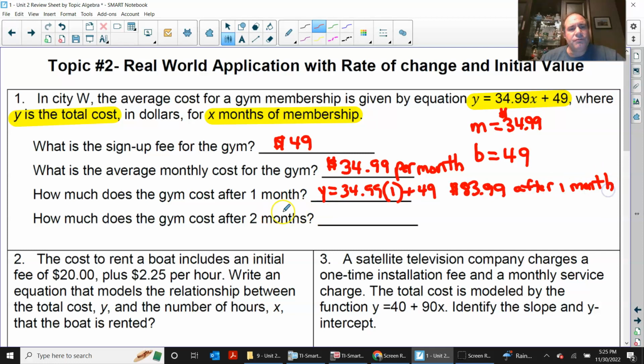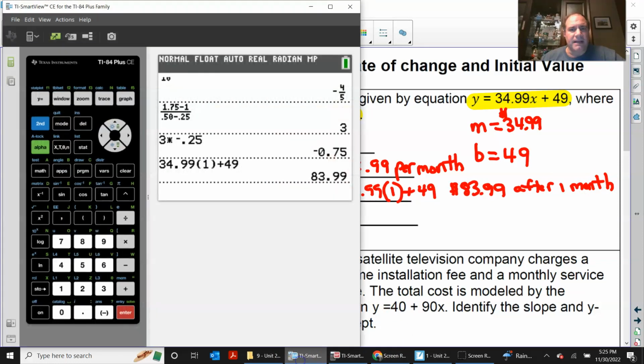What about after 2 months? All right, go back to your calculator. Now you're going to take the same equation, $34.99, instead of 1 month, you're going to put 2 in for x.